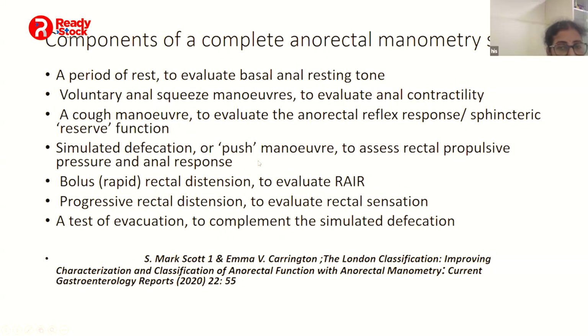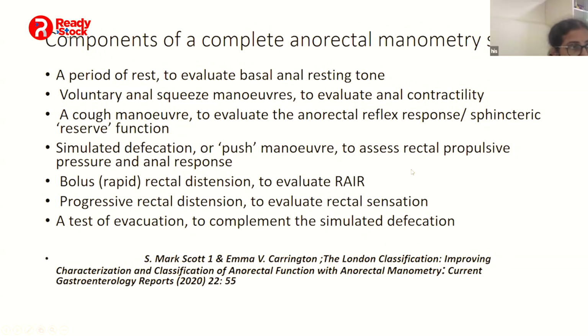Wait for the balloon expulsion, which is the gold standard to diagnose dyssynergic defecation. 30% of patients can have a paradoxical response in attempt of simulated defecation. Very often this is seen in slightly anxious patients or patients who are scared of incontinence. And of course, we do the RAIR and the rectal sensation.